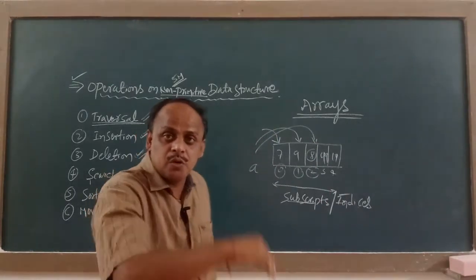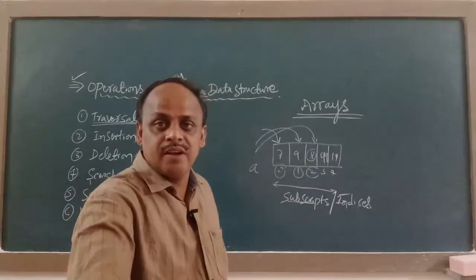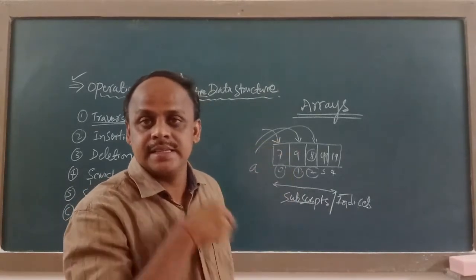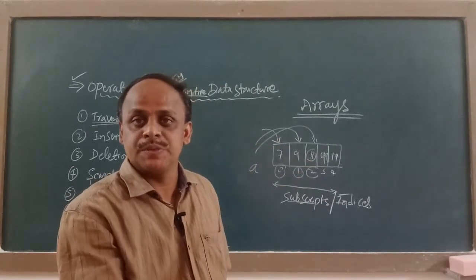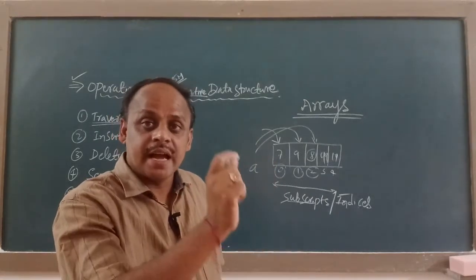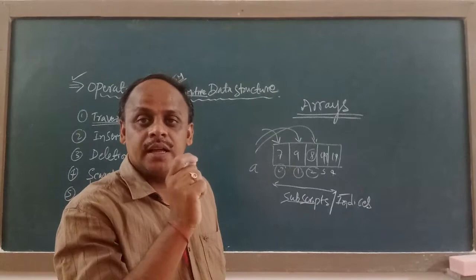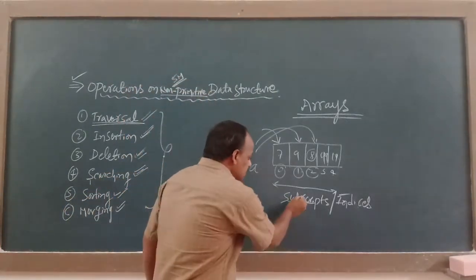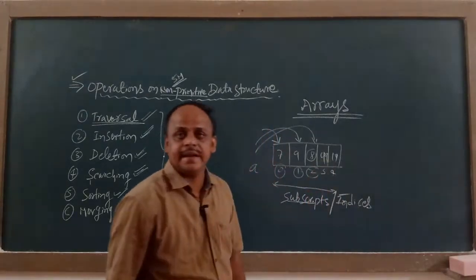So a of 0, a of 1, a of 2, a of 3, a of 4 and so on are called array indexes or array subscripts. An array element is identified with the help of a number called the array subscript or array index.